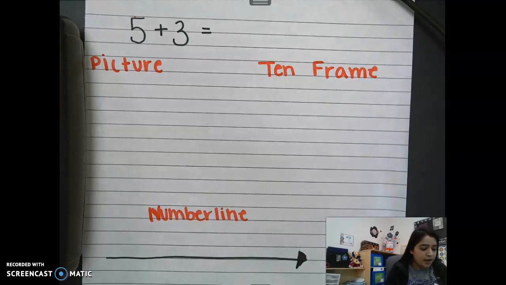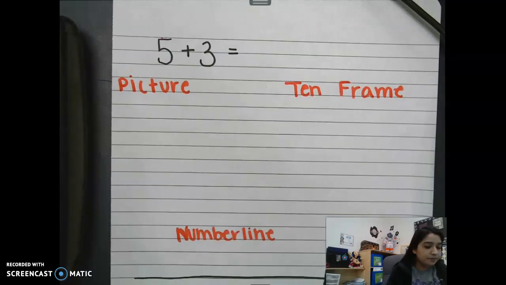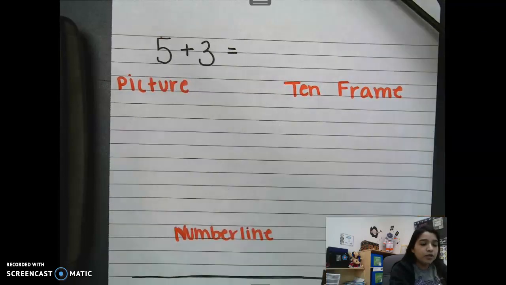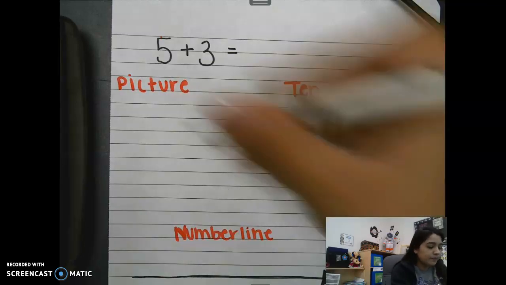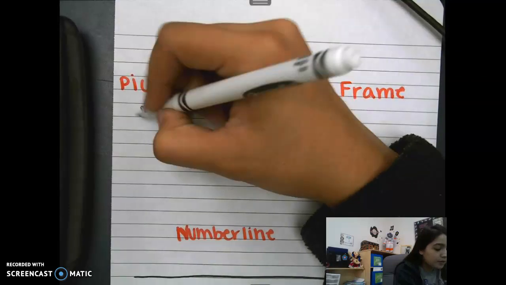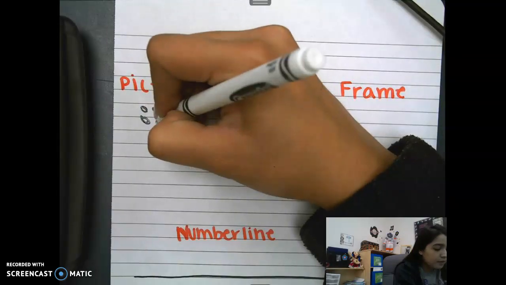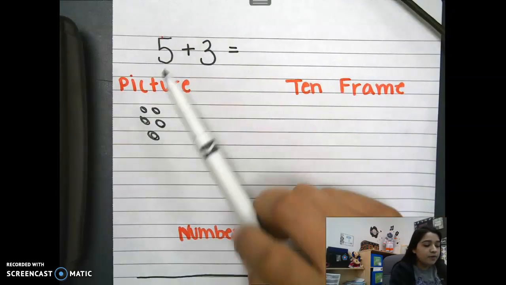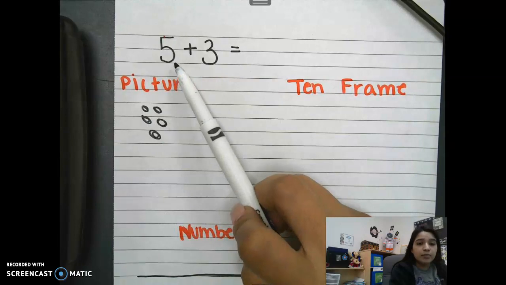So let's go ahead and draw a picture. Right here we have 5. Let's draw 5 circles: 1, 2, 3, 4, 5. So we have 5 circles representing this number 5.